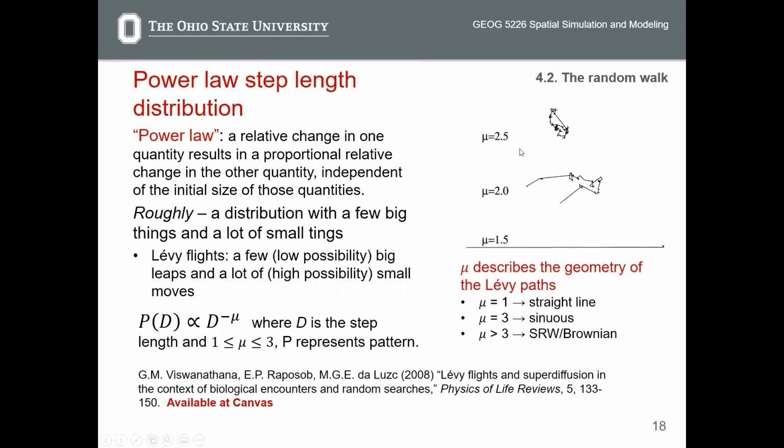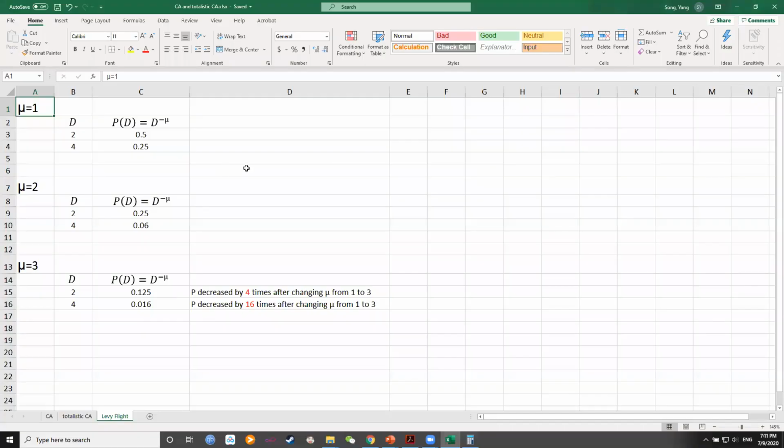But when mu is becoming larger and larger, you can say from 1.5 to 2.0 to 2.5, long steps are becoming less and less. And the extremely long step, like this one, is not likely to happen. This is what this spreadsheet is telling you.